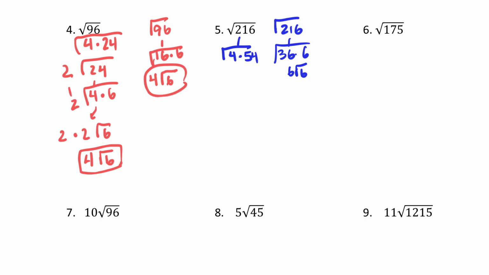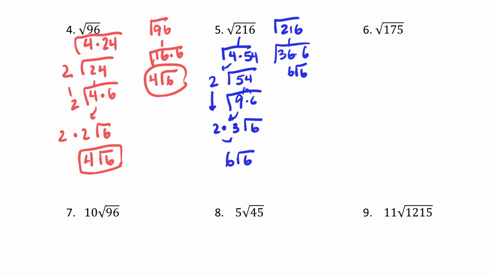So 4 times 54, this I could take the square root of, I have 2, and now I have left over the square root of 54, which I can break down. I know that 9 goes into this 6 times, so this will be 9 times 6 in here. I could take the square root of 9, which will give me a 3. Don't forget about this 2 on the outside there, and I have left over that square root 6. Multiply these two, 6 root 6.